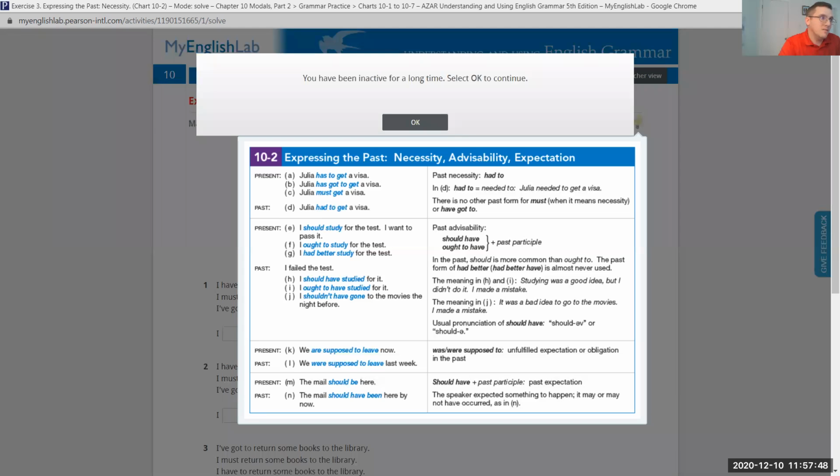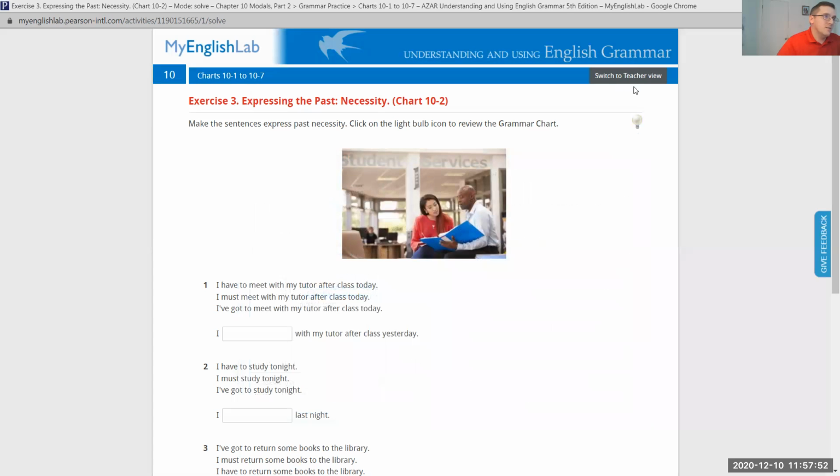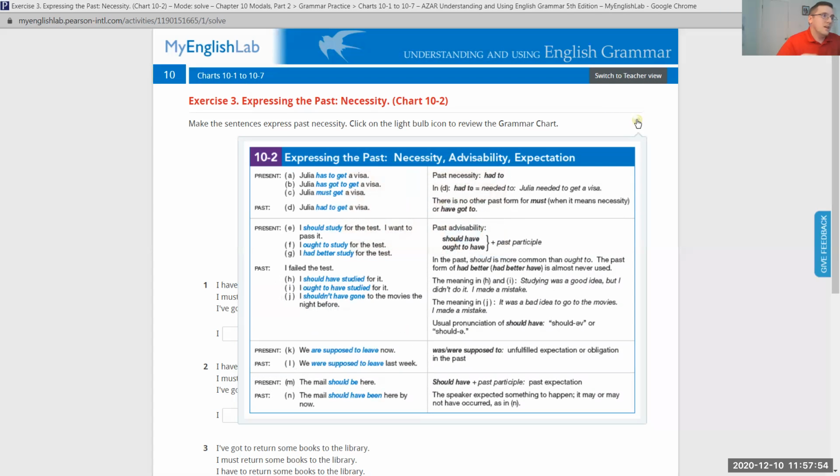In the meaning, for example H and I, studying was a good idea, but I didn't do it. I made a mistake. Oops, I should have studied. I ought to have studied, but I didn't. The meaning in J is that it was a bad idea to go to the movies.